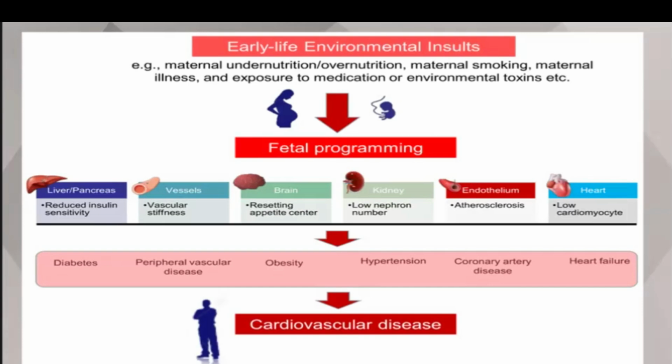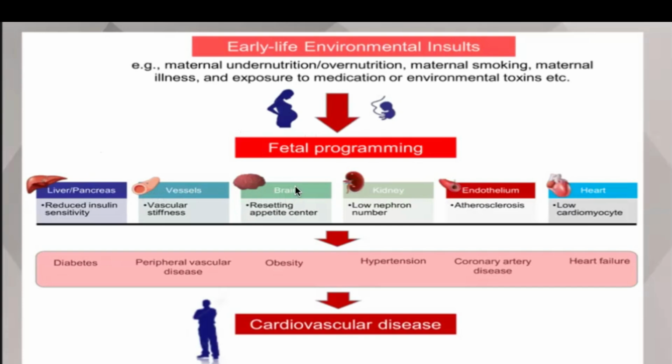So one insult that's not listed here is maternal stress. And this can impact on many different levels, especially at the epigenetic level in fetal programming. So overall, all of these different insults can impact each organ of the fetus as they grow in utero. This can be the liver, blood vessels, and particularly the brain.